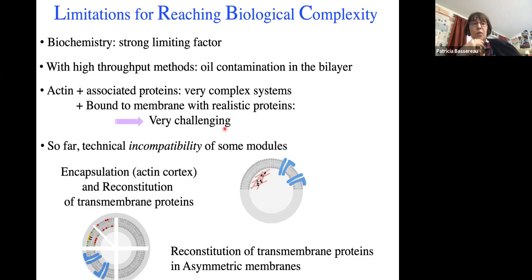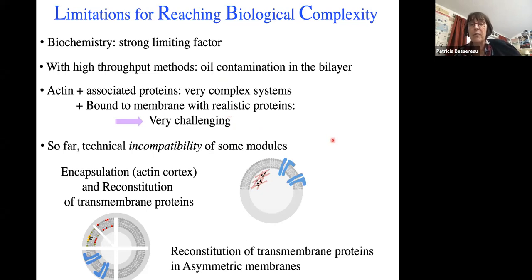I would say that working with actin-associated proteins and binding them in a realistic way to the membrane is also difficult, because many of the experiments have usually been done by using a biological system to bind the actin protein to the membrane, and having a full system is even more challenging.